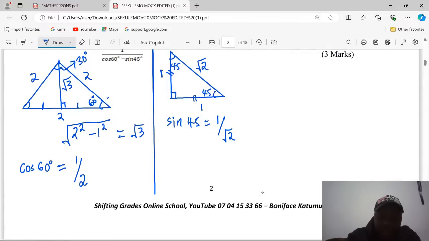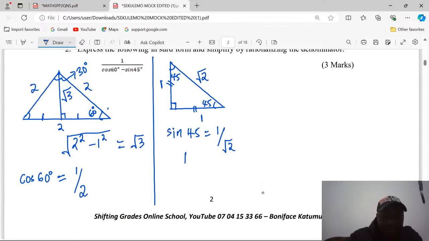So we rewrite our expression up there: 1 divided by the cosine of 60, half, minus 1 out of the square root of 2.